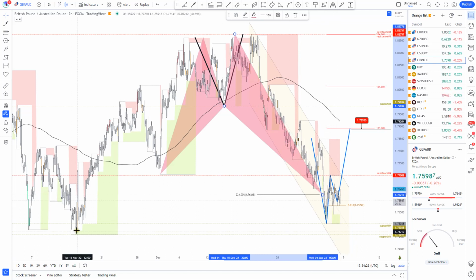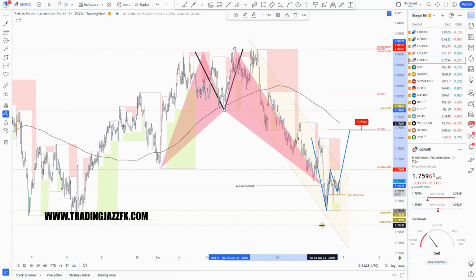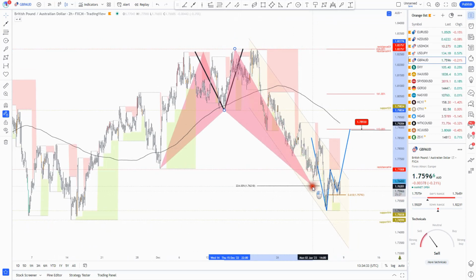But even though you need to protect during those moments, you need to use extended stops, which make no sense when you trade harmonic patterns. It makes no sense to use so extended stops.